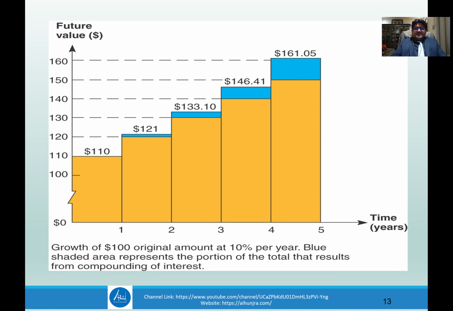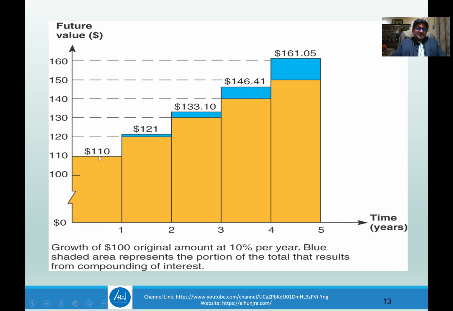If we look here, it deals with the number of time periods. If the time period is 1, whether we use simple or compounding, we get the same value. In this question, the basic investment is given and the rate of return is 10%.